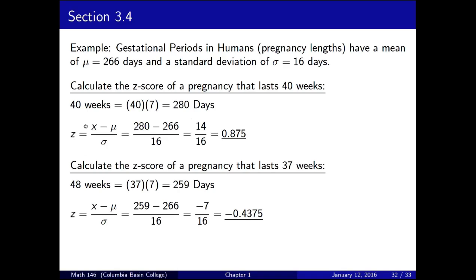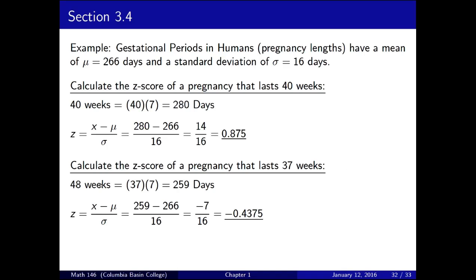Then to calculate the z-score, I take the observation minus the mean divided by the standard deviation. So that's 280 minus 266, divided by 16. That's 14 over 16, which is 0.875. So this person is 0.875 standard deviations above average.